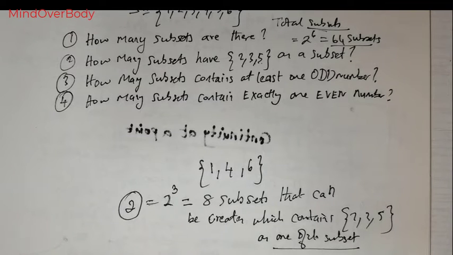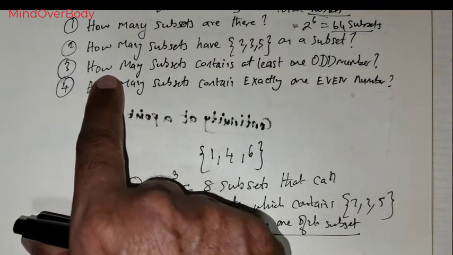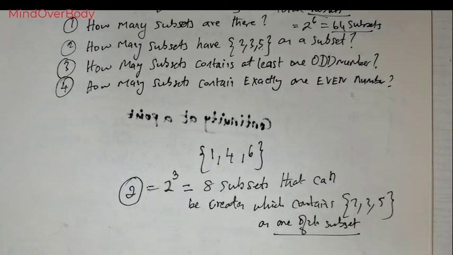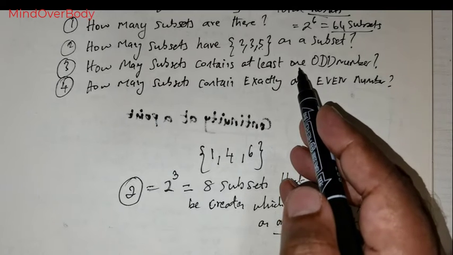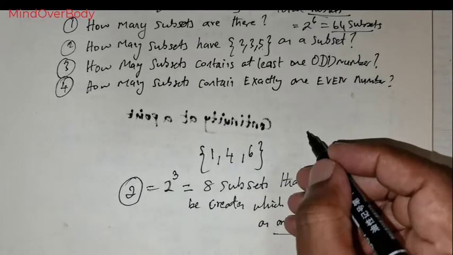Of course, there needs to be some level of visualization in achieving the result for such questions. Okay, now how many subsets contain at least one odd number? So the requirement is either one odd number or more than one odd number.